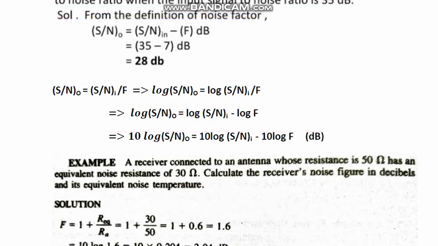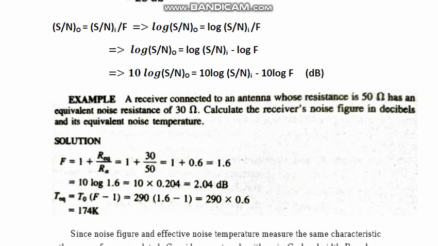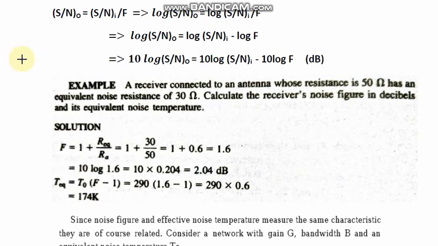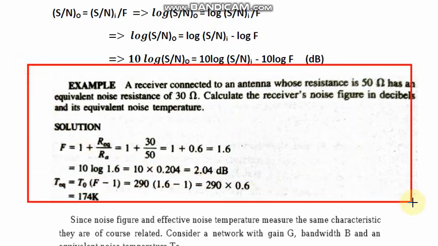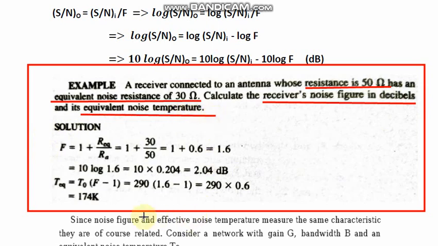Now the next example is for a receiver having an antenna whose resistance is 50 ohm and has an equivalent noise resistance of 30 ohm. You have to calculate the receiver's noise figure in decibels and its equivalent noise temperature.